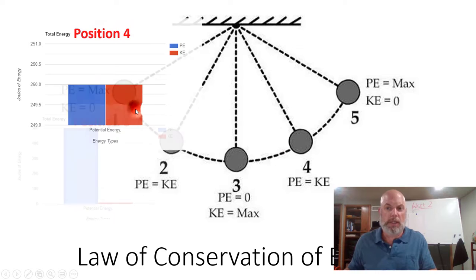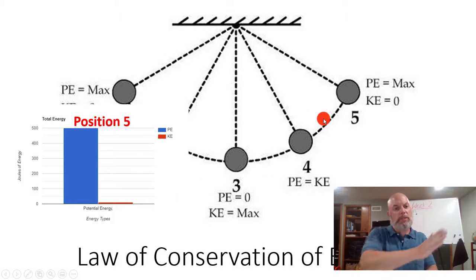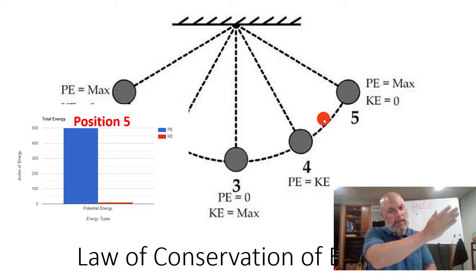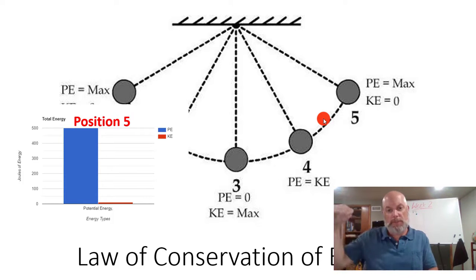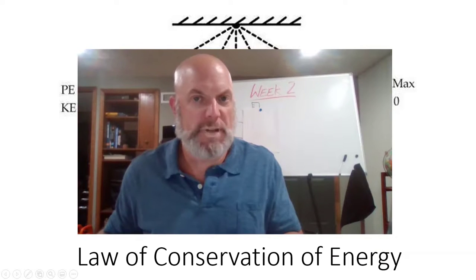They're equal again, and then at position 5, it's now back all to potential. If you can imagine that one point where it swings up and kind of stops, at that point it's all potential energy, and it uses up the kinetic energy to get back up the other side, back and forth. Okay. Makes sense.